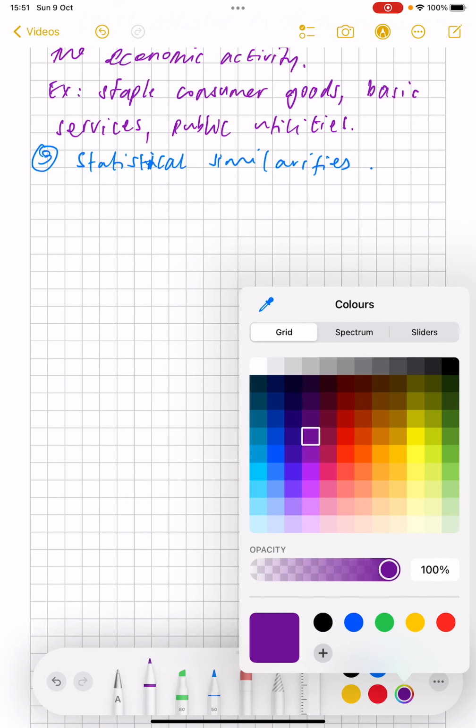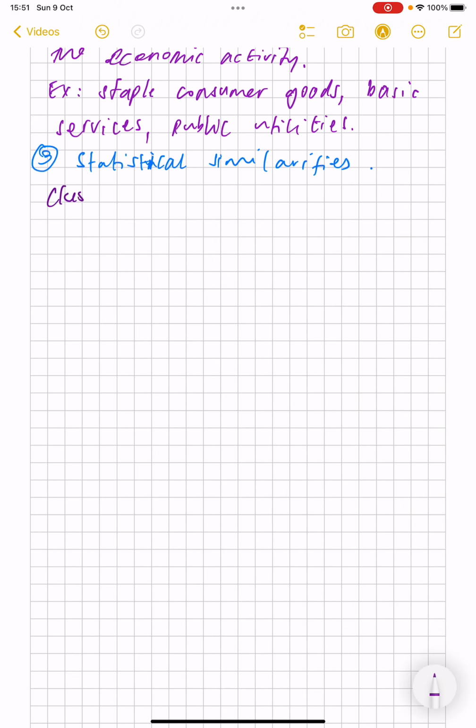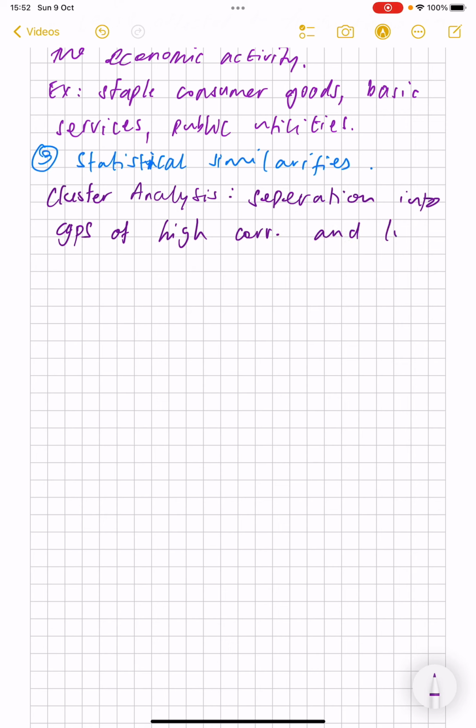When we talk of statistical similarities, we talk of cluster analysis, separation into groups of high correlation and low correlation.